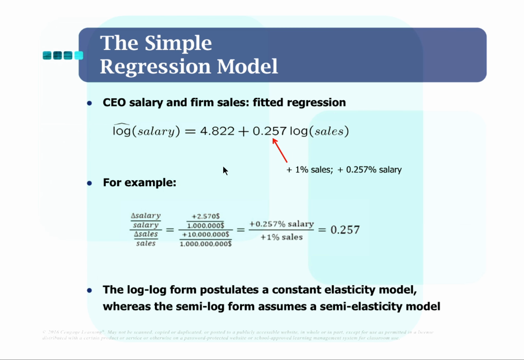So here, if again we have data on salary and sales, and we take logs of salary and logs of sales and run the regression by regressing log of salary on log of sales, we get these two estimates, and particularly we focus on this coefficient, which is 0.257.